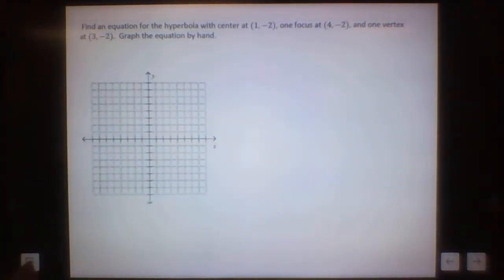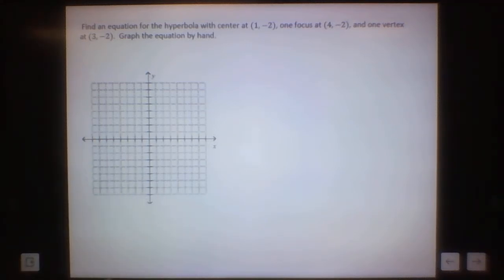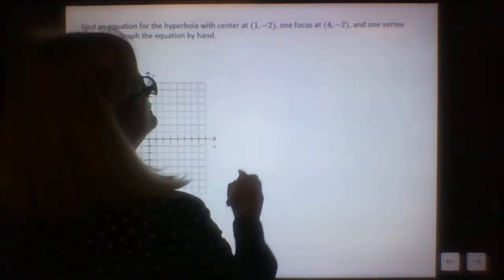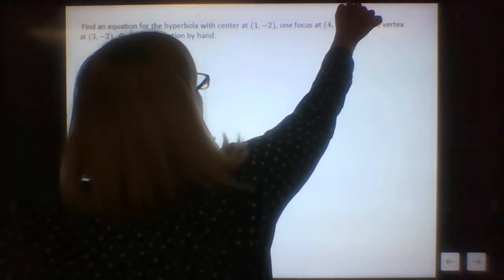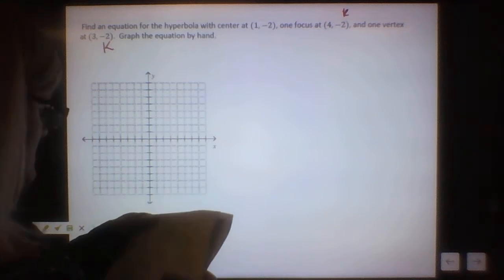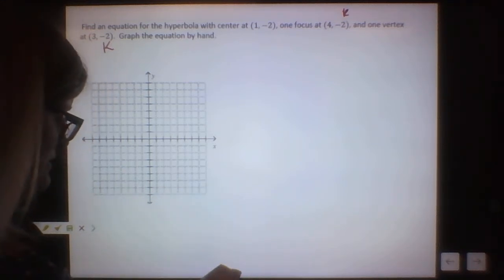Find an equation and center. So let's first notice what is all the same. All of these have the same K. So we need to find the equation. We're going to use the one where the K's are all the same.